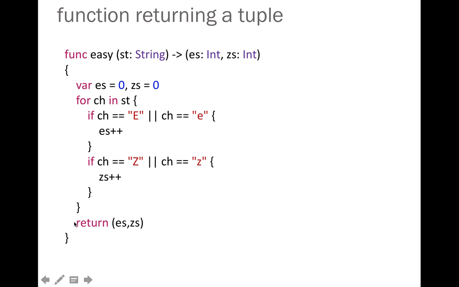We return the tuple. In fact, a tuple can return different types. For example, es can be a Double and gs can be an Int. Also, we can return that. That makes the function very flexible.